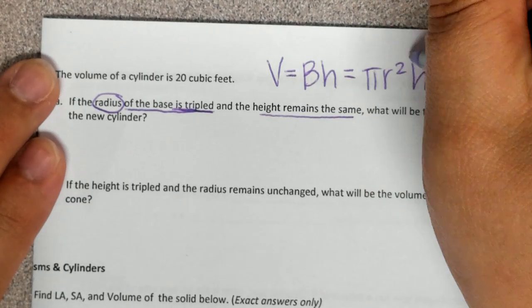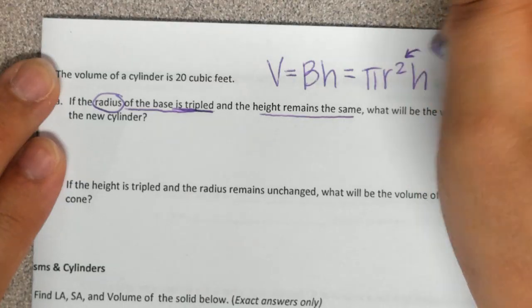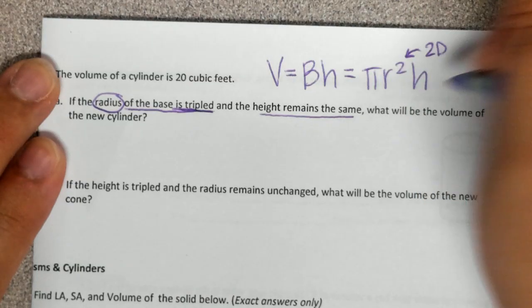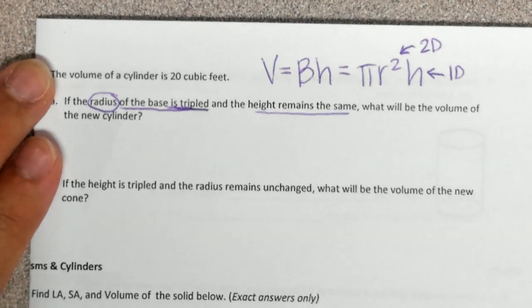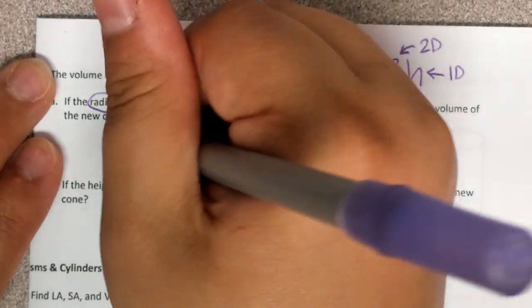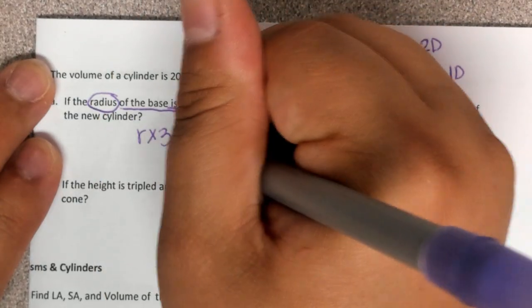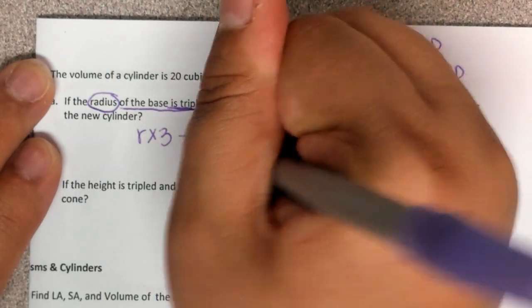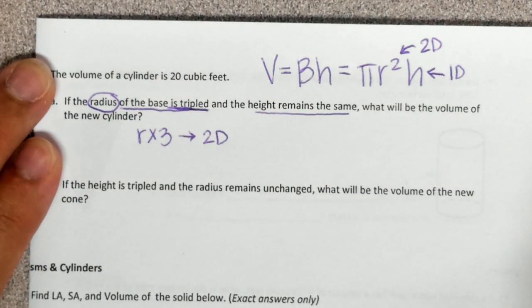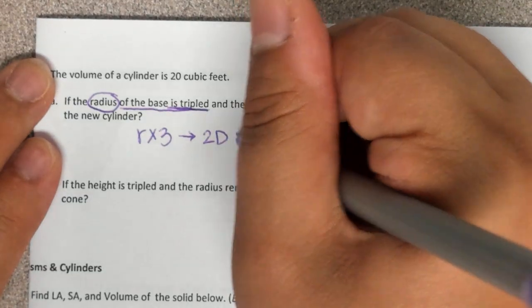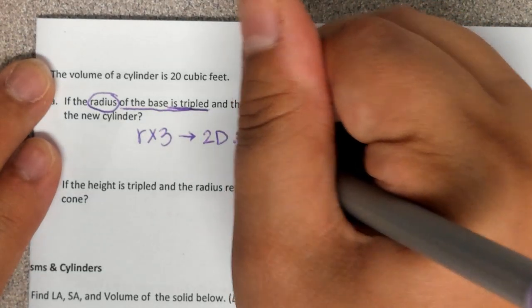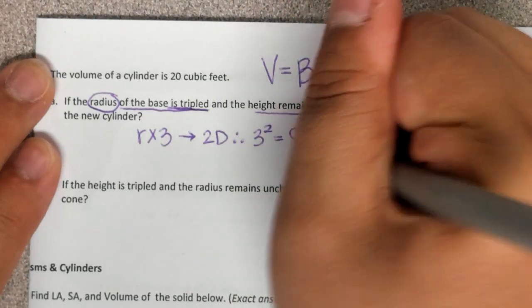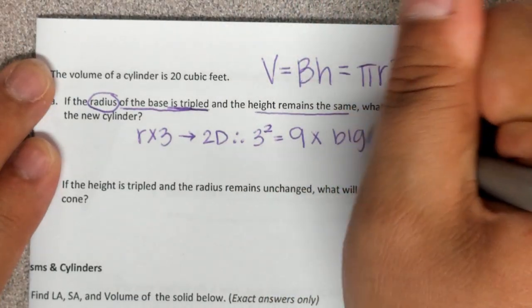The radius is how many dimensions? 2D. The height is how many dimensions? 1D. And so therefore, if my radius is being multiplied times 3, and the radius is 2 dimensions, what does that mean it's actually going to be multiplied by? 3 squared, which is 9 times bigger.